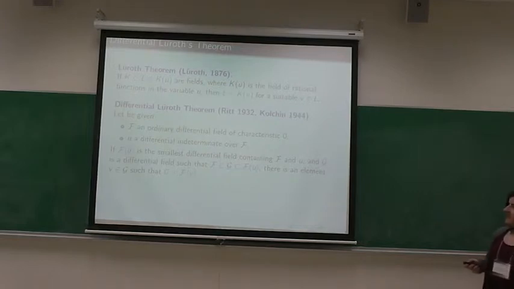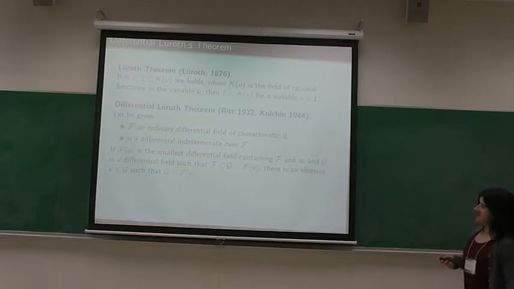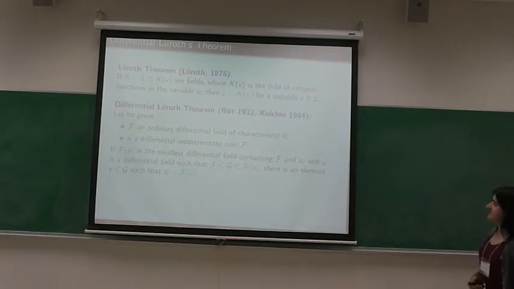And here it says that if now we have an ordinary differential field of characteristic 0, and U a differential indeterminate, and if we consider the smallest differential field containing S and U, and now G is an intermediate differential field between S and the field of differential rational fractions in U, then there is an element B in G such that this field G is the smallest field containing S and B. So again, these are rational fractions, but with differential polynomials in the numerator and the denominator.